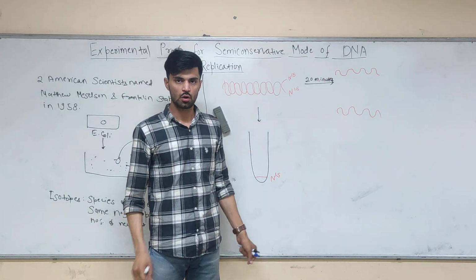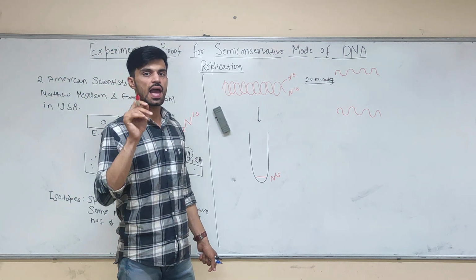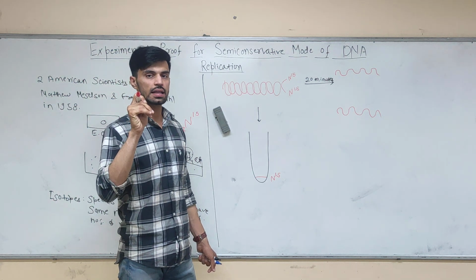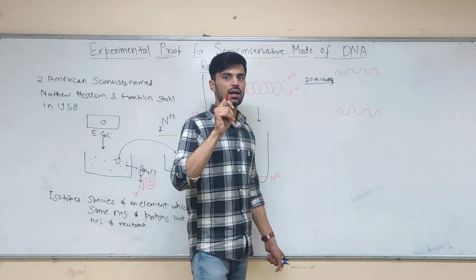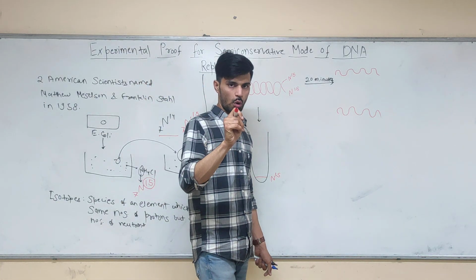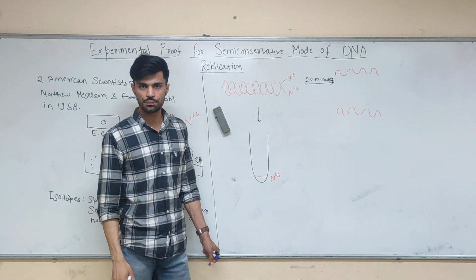type of isotope. Why? Because this time E. coli is grown in the N14 containing nitrogen isotope. So the nutritive element which it will get from the culture plate will be of N14 kind of nitrogen isotope.